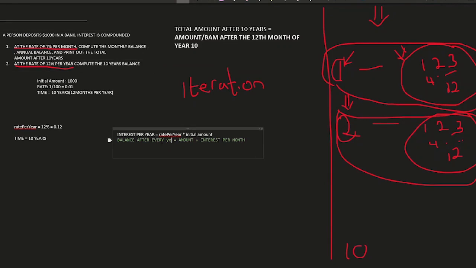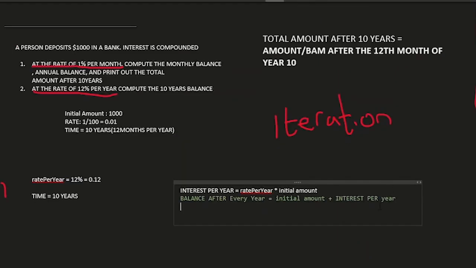We're doing it year after year, after every year. The balance is the initial amount plus the interest per year.